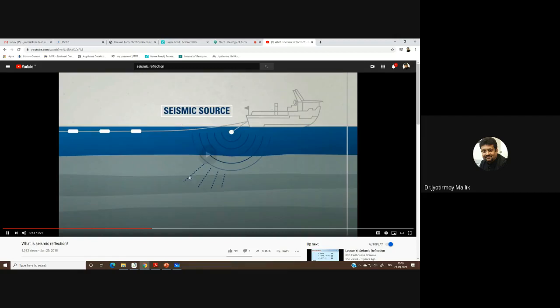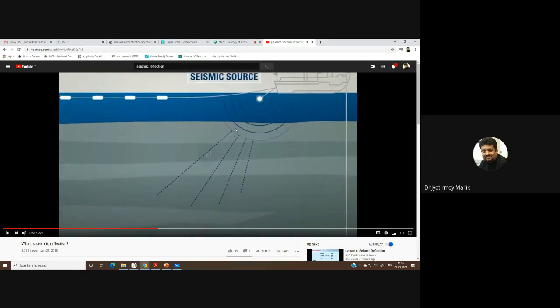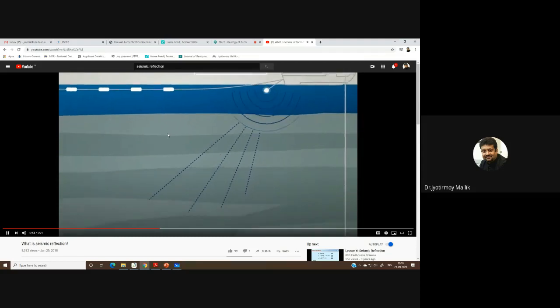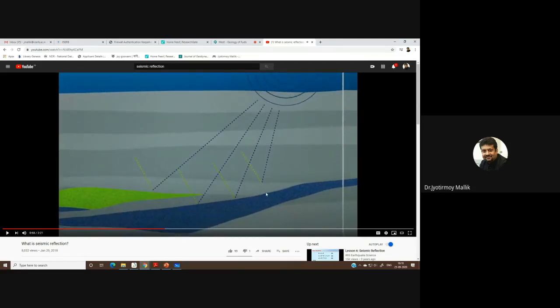Okay, and then the sound wave is going down, and depending on the frequency of the sound wave being sent, when it touches different lithologies, it gets reflected back, and the reflection characteristics will depend on what type of boundary it is reflecting against, whether it is reflecting from sandstone to shale, or shale to sandstone, and so on, whether it is getting reflected by something where there is water, or by something which has hydrocarbon.